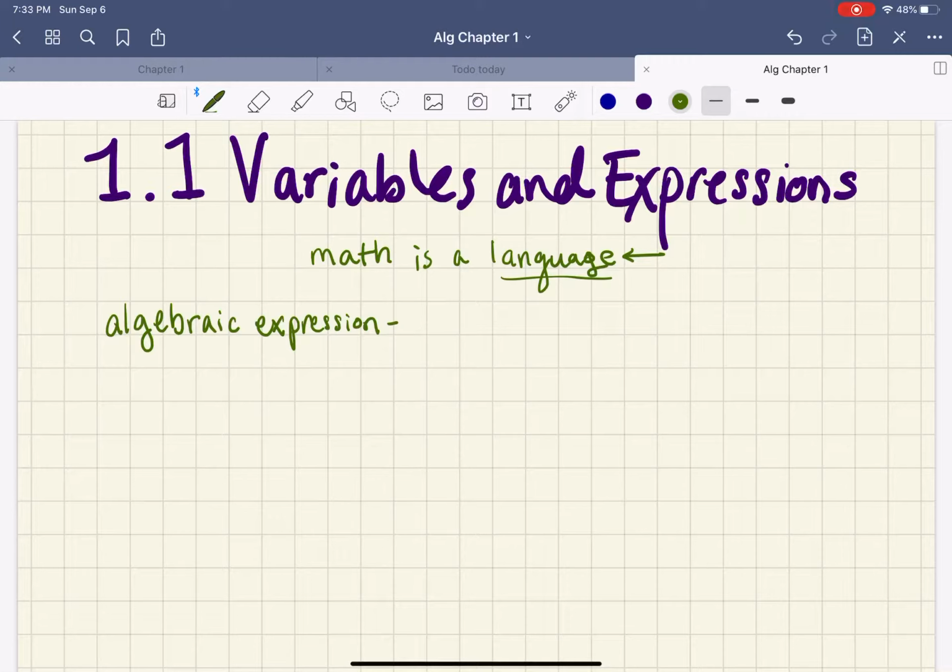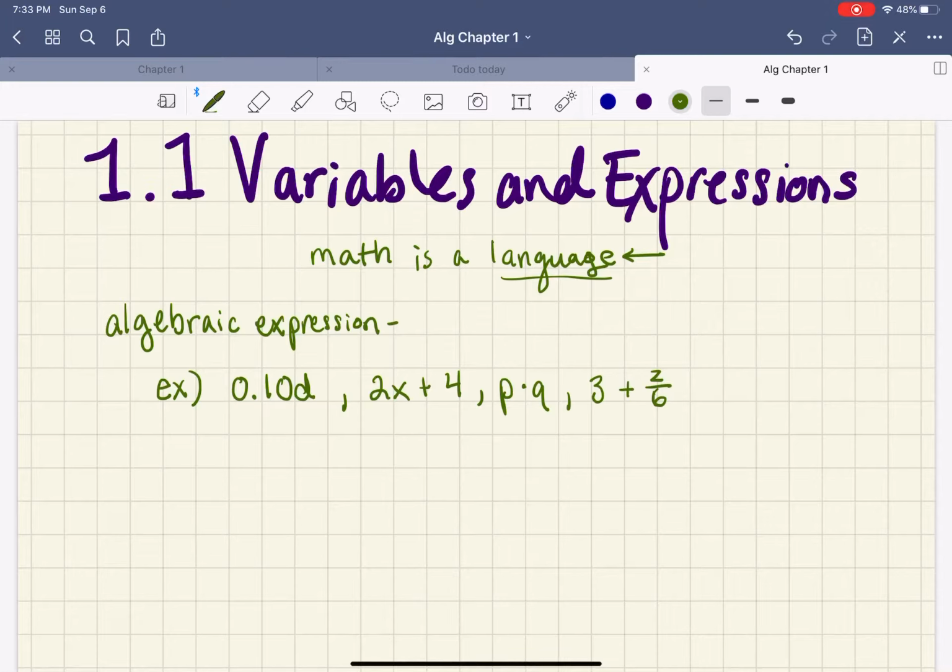So what I'm going to do is I'm actually going to give you some examples first, and then I'm going to give you the official definition, all right? So some examples of an algebraic expression are like 0.10 times d, or 2x plus 4, or p times q, or maybe 3 plus z over 6.